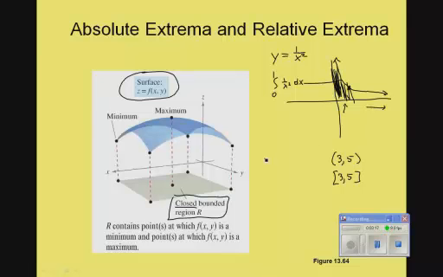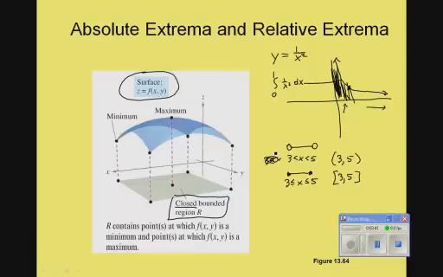This one is 3 is less than x less than 5. And this one is 3 less than or equal to x less than or equal to 5, right? That's the difference between closed and open. And the picture was, well, here we color in the endpoints, and here we use open circles, right? You guys remember those pictures from Calc 1?